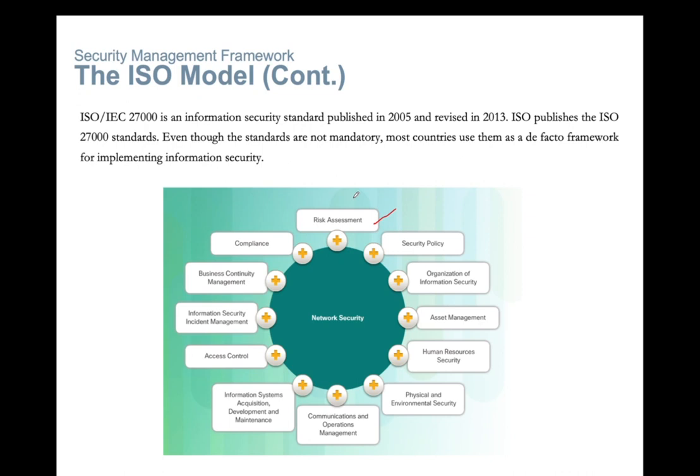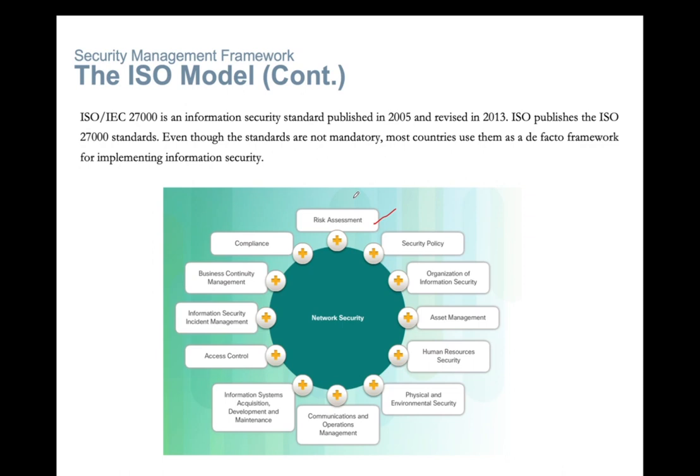This addresses security procedures relating to employees joining, moving within, and leaving an organization. The next domain is physical and environmental security. This describes the protection of the computer facilities within an organization.